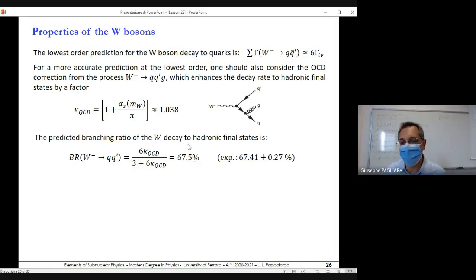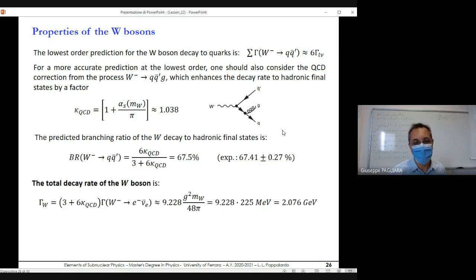So essentially, all these account for 76.5%, all the hadronic decays. And this is in perfect agreement with the experimental value, which is written here: 76.41 plus or minus 0.27.